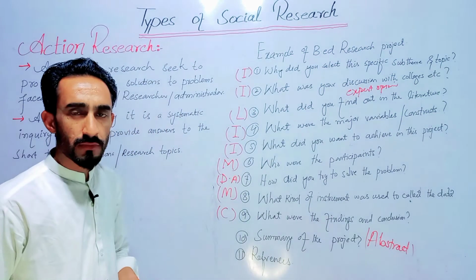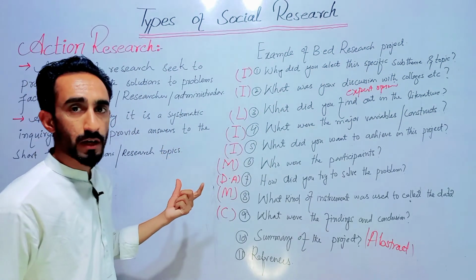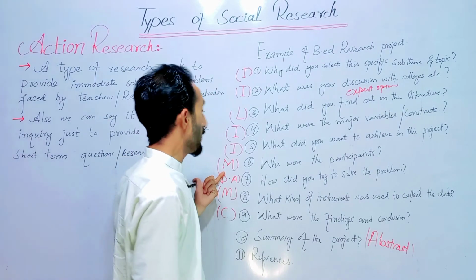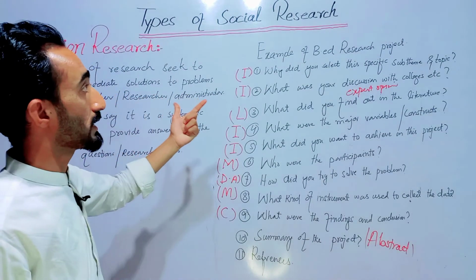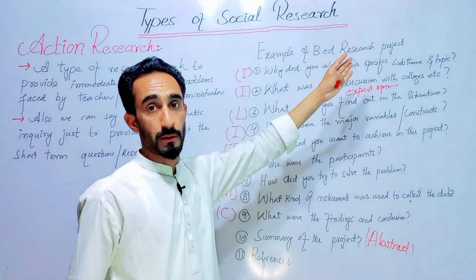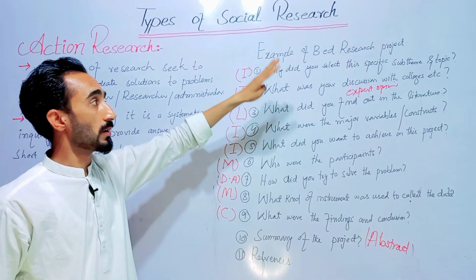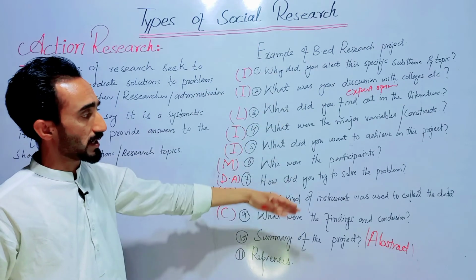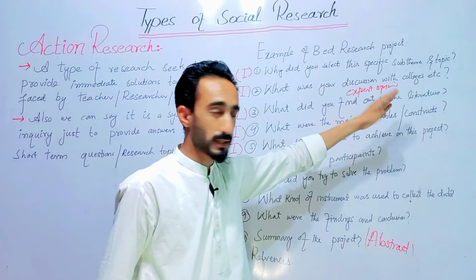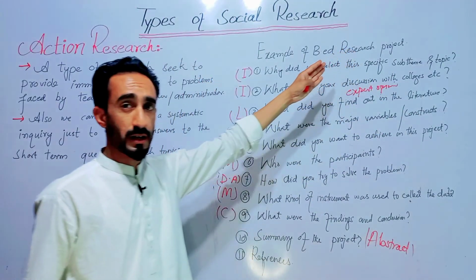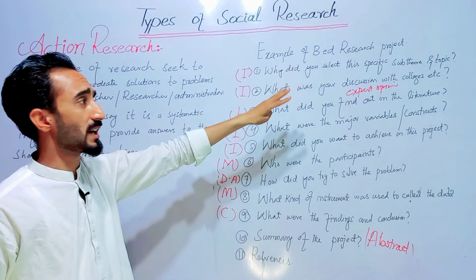This is a very brief explanation of action research, with the example of a B.Ed research project. People also pay for these projects. I have done many B.Ed and M.Ed projects on a paid basis.